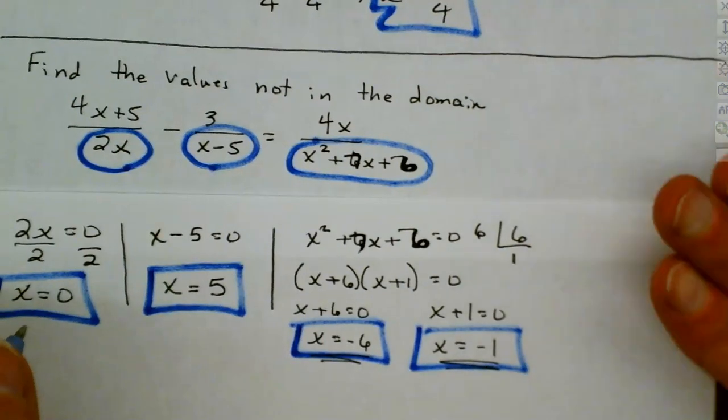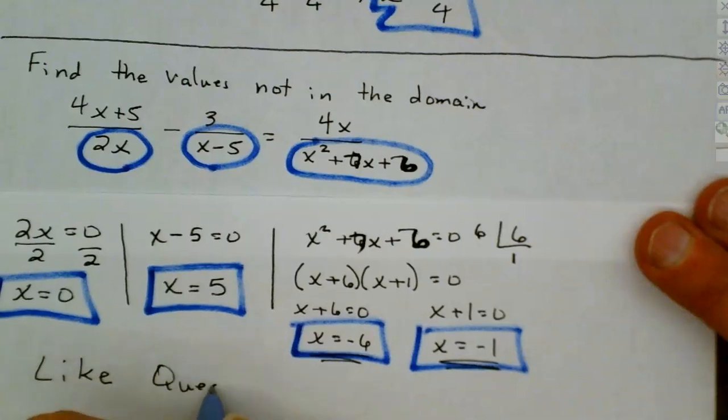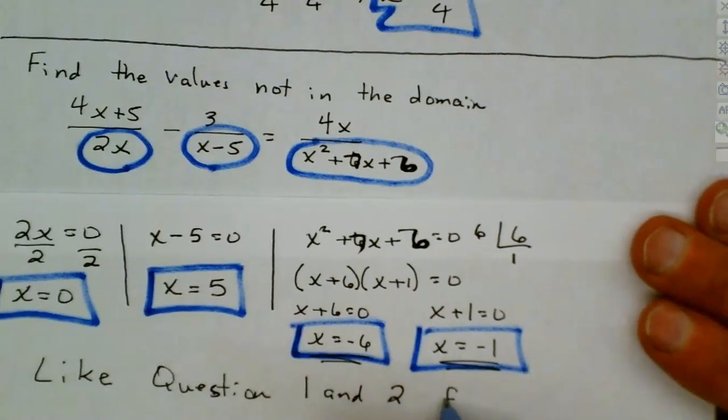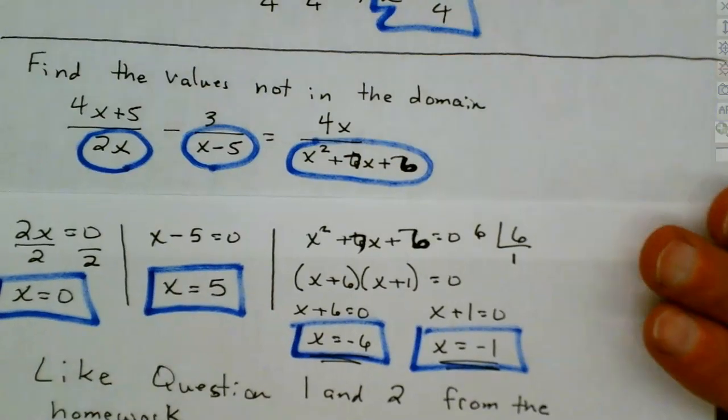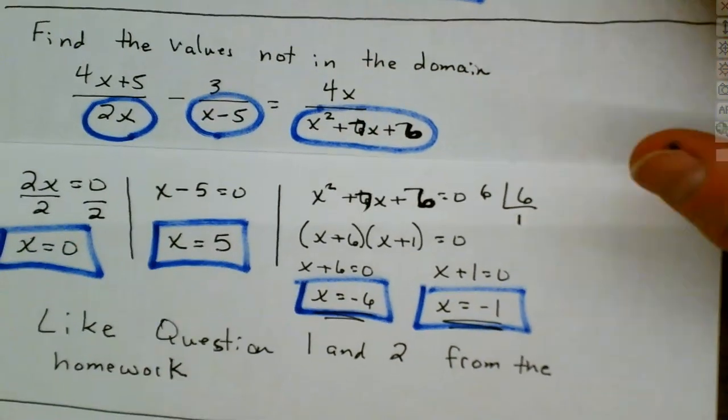Not possible answers. And so this is going to be like questions 1 and 2 from the homework. So like questions 1 and 2 from the homework, that's what you're going to be doing on those.